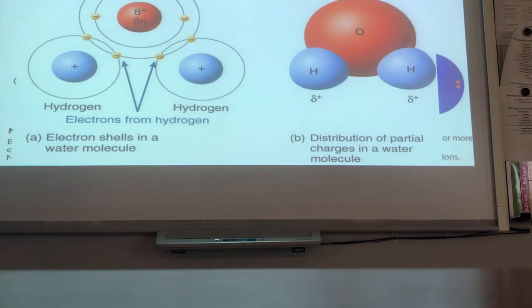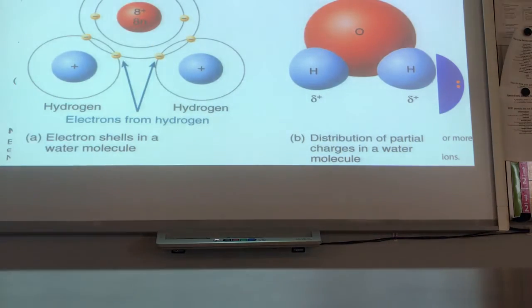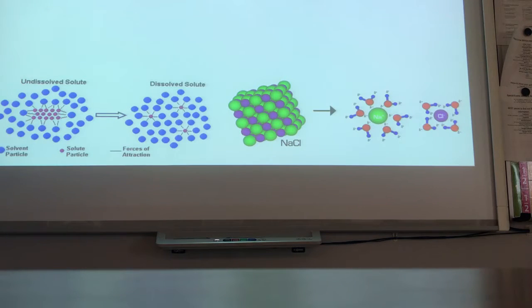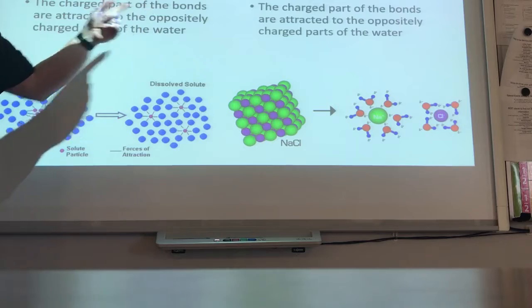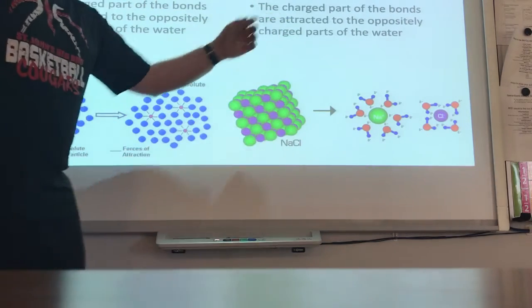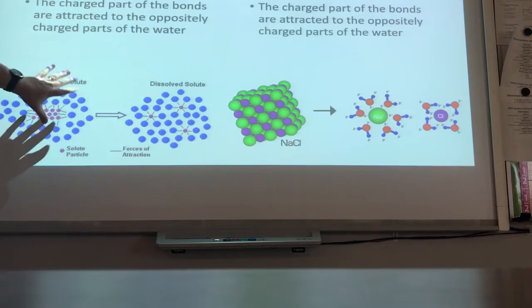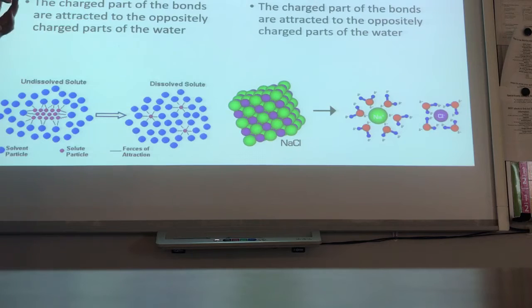Just to remind you, water is a polar covalent bond. There are positive areas and a more negative area. I think that's going to come into play. So, with our polar covalent bonds and our ionic bonds, the charged parts of the bonds are attracted to the oppositely charged parts of the water. Since they have charged areas and the water has charged areas, those charged areas of the water want to attract to them.